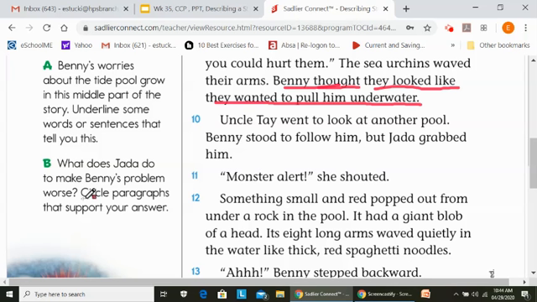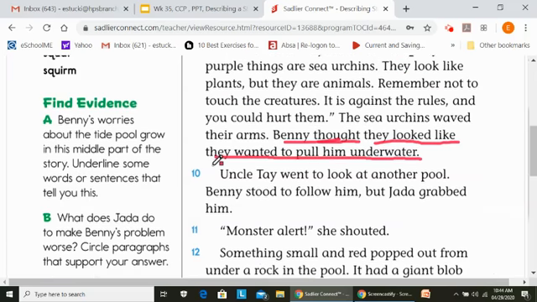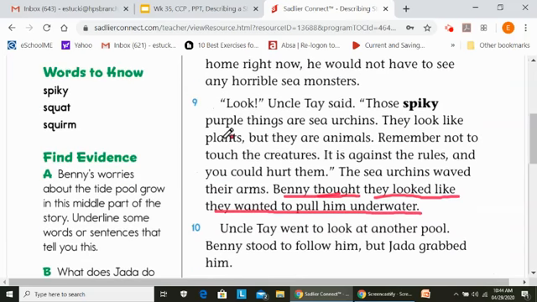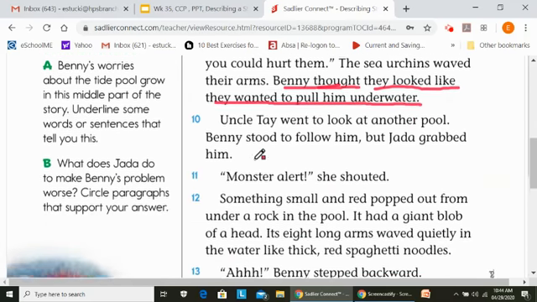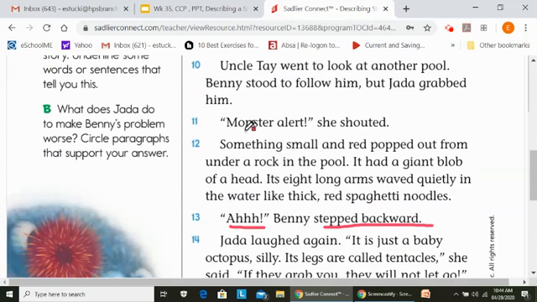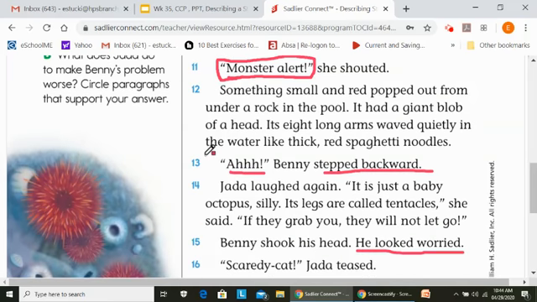Now they say circle paragraphs that support your answer. Through the whole part, we're going to look at where she teases him. Now, this is Uncle Tate telling them something. Here she says, Monster alert! And it's not really a monster, but this is where she is really scaring him more just to make the situation worse.